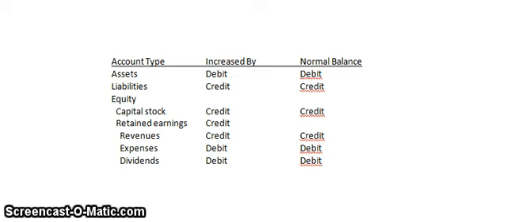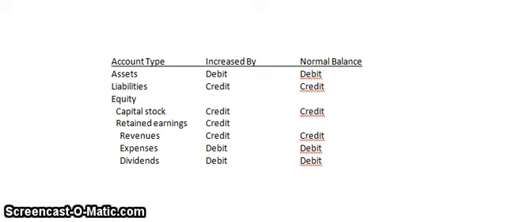Whatever increases an account, that's also what we expect the normal balance to be. So for instance, we said cash was increased by debit. I would also expect to see that cash has a debit balance. Now there are instances where that might not be true. Can you have cash that's a credit balance? You can.